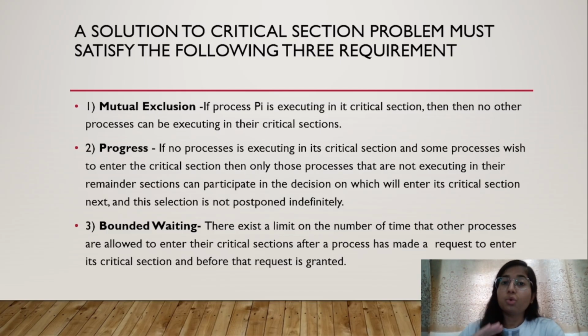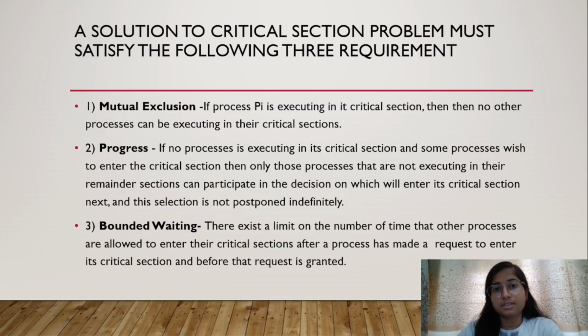Which means that if there is no process in the critical section and no other process is in the remainder section, then the CPU will grant the permission to the requesting process, and it can execute in its critical section.